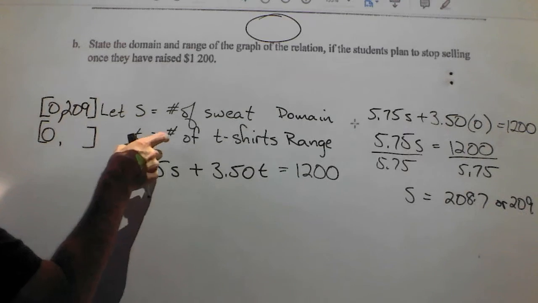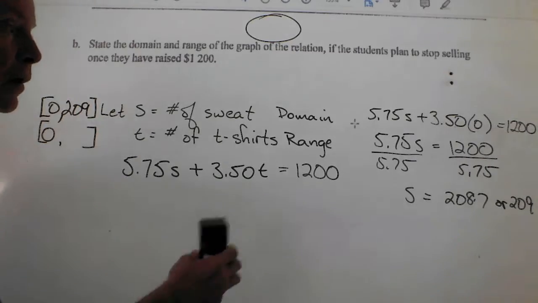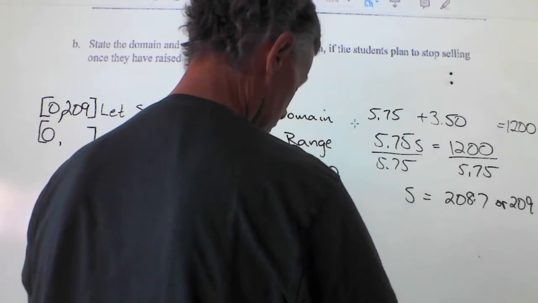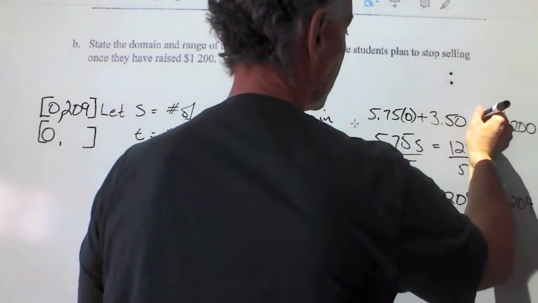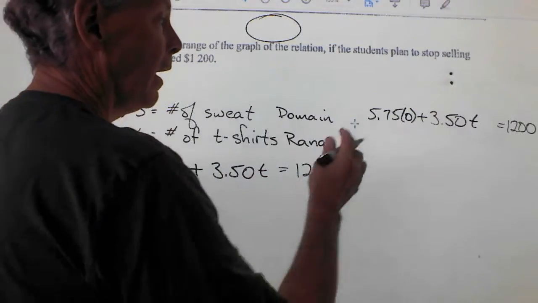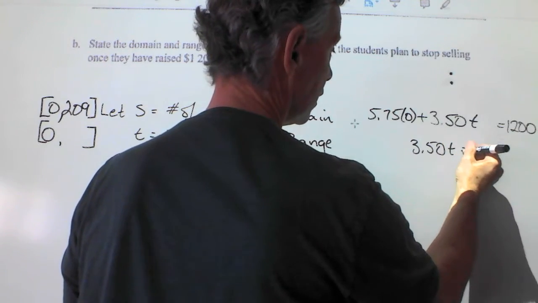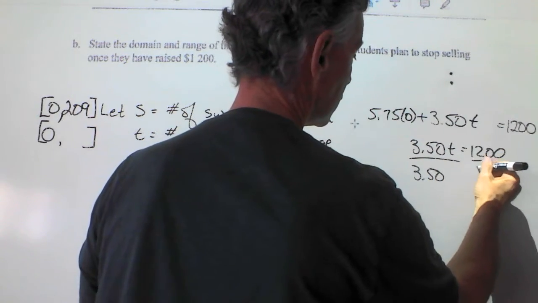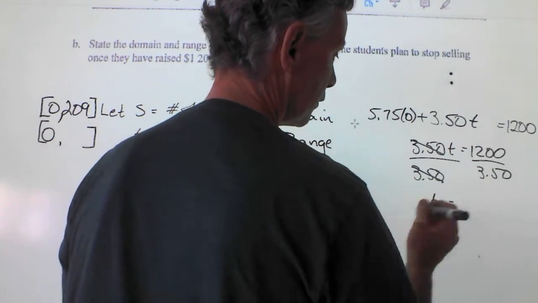Okay? Now what about the other way around? What about if we sell no sweatshirts and all t-shirts? Well, then our equation becomes no sweatshirts and all t-shirts, and then this first term disappears and we're left with 3.50t equals 1,200, divide through by 3.50. 3.50 divided by 3.50 leaves us with t.